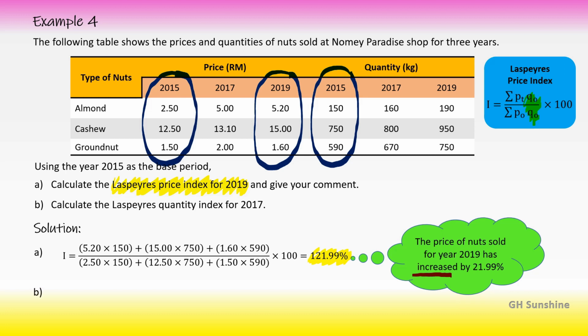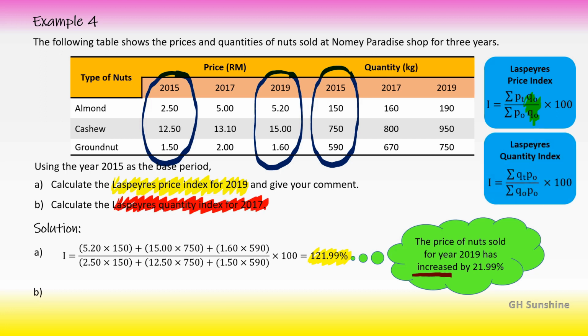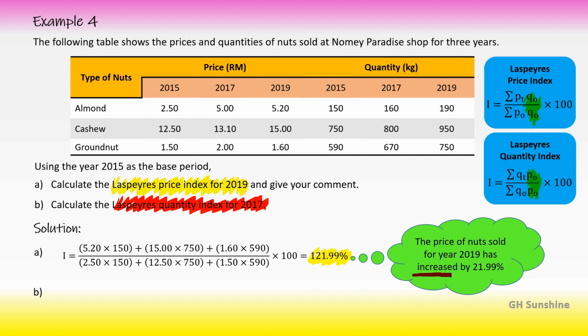Calculate the Laspeyres quantity index for the year 2017. What is the formula? Here. What is the weight used to calculate this index? The weight here is P naught. Where is the P naught? P naught is based on 2015.